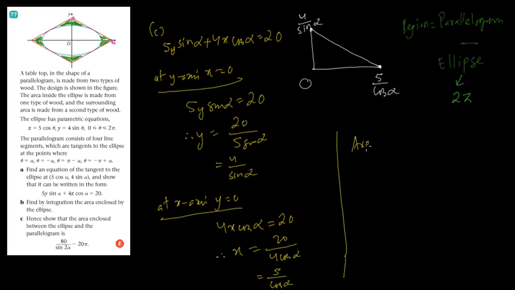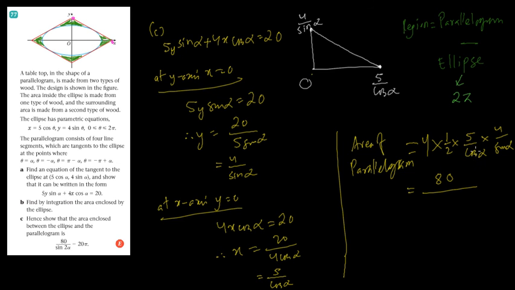So area of parallelogram is 4 times one of these triangles, because there are 4 triangles. So one of the triangles has the area half into base into height. Base is from 0 to this, 5 by cos alpha, and 0 to this the height is 4 by sine alpha. So we can write 4 into 5 is 20, 20 into 4 is 80, and 2 sine alpha cos alpha.